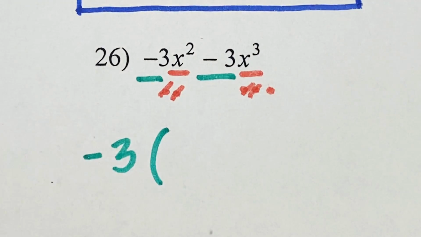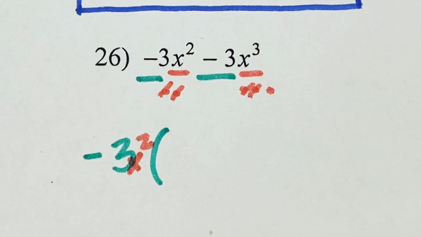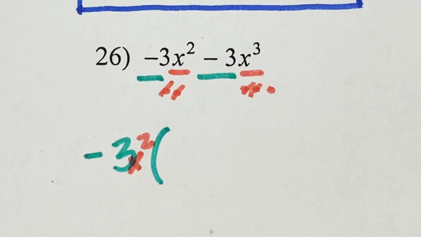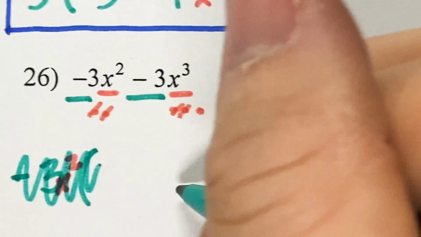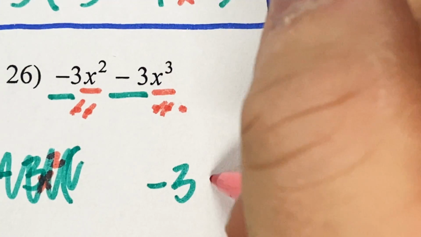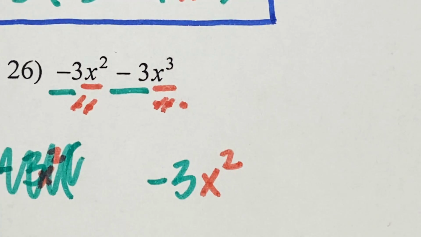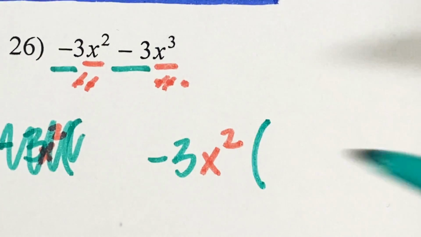Whoops, forgot to write my x squared. So we had -3 that we took out, and we had 2 they at least had, so -3x squared. Let's figure out what was left.